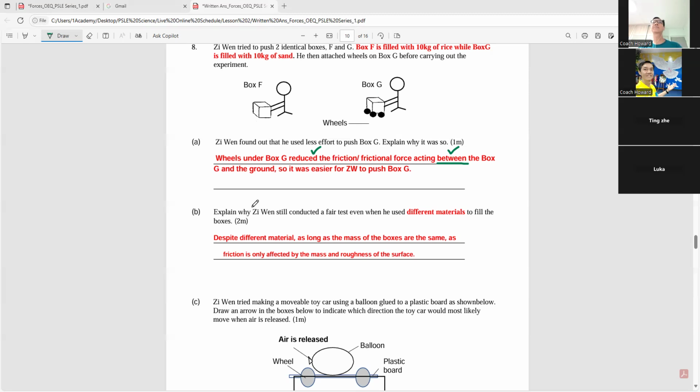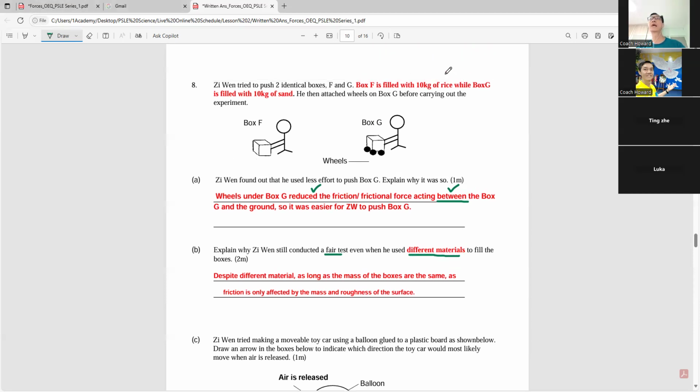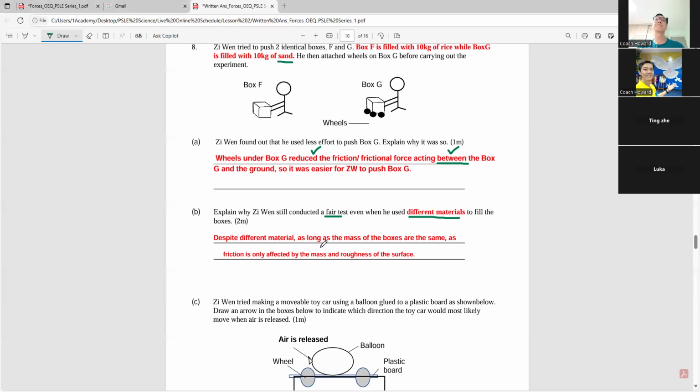Explain why Zhiwen still conducts a fair test even though they use different materials. As I mentioned earlier, one is rice, the other is sand. Because the material doesn't affect this experiment. It's the mass. So you must answer in this manner. Despite different materials, the mass of the boxes are the same.